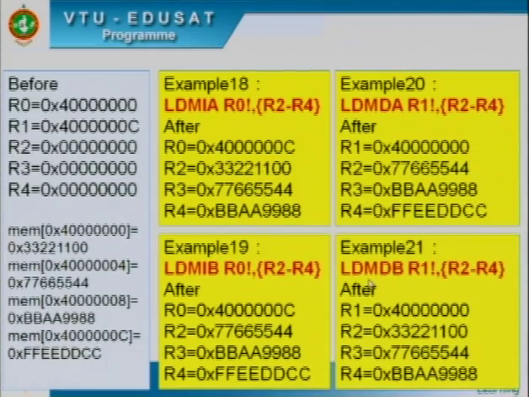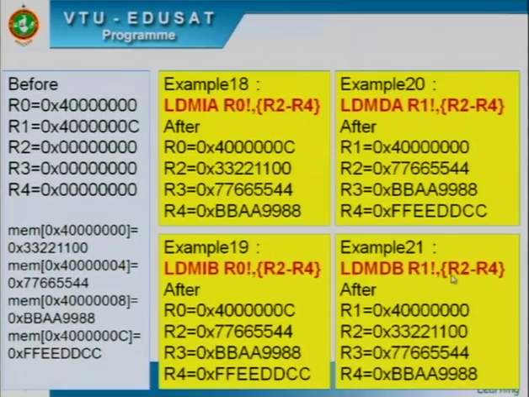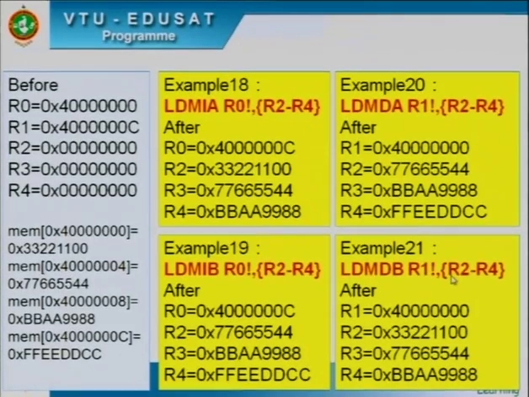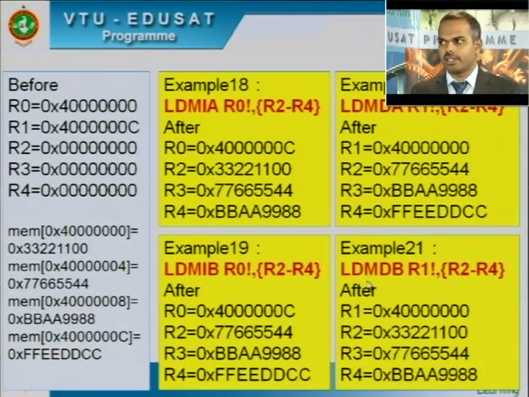The next one, example 21. Look at example 21: LDMDB R1!, {R2-R4}. What is the meaning of this instruction? Load multiple registers, decrement before.